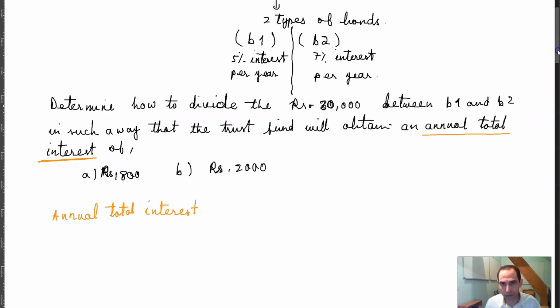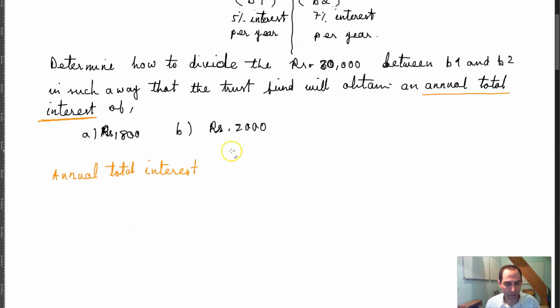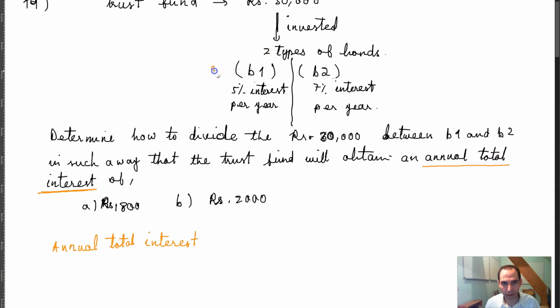You have two investments. You have an investment in the bond B1 and you have an investment in the bond B2. Let's take the investment in the bond B1 as, for example, X. Let's take the investment in the bond B2 as Y, for example, right?